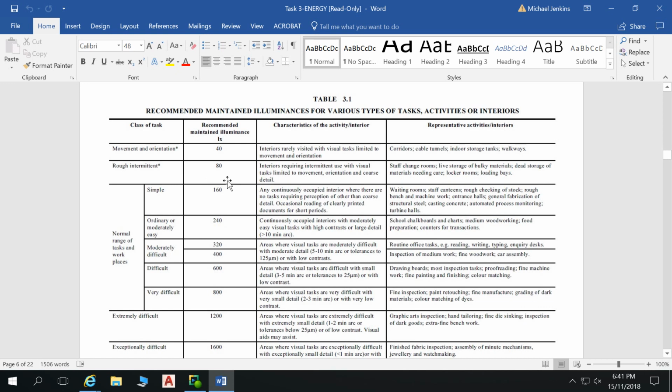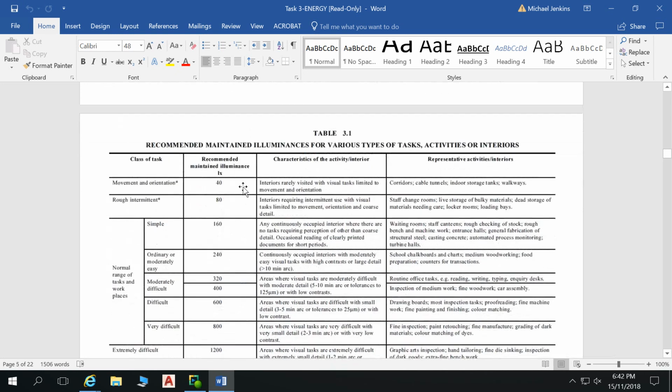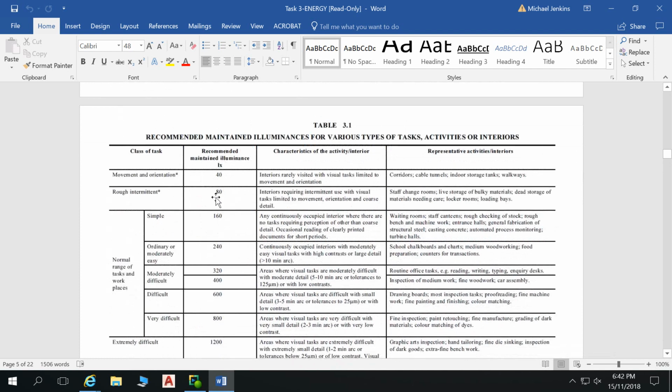Waiting rooms, so illuminance of 160 lux. So this column here represents the lux required. For our corridors, etc., only 40 lux required. Change rooms, 80 lux required. For waiting rooms, general fabrication of structural steel, casting concrete, etc., 160 lux.